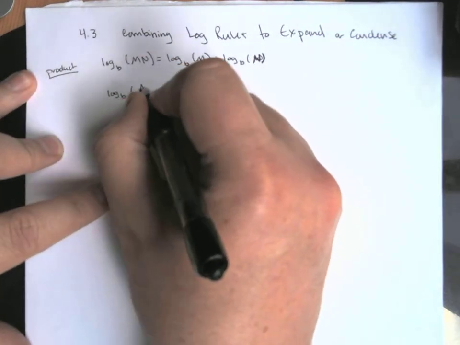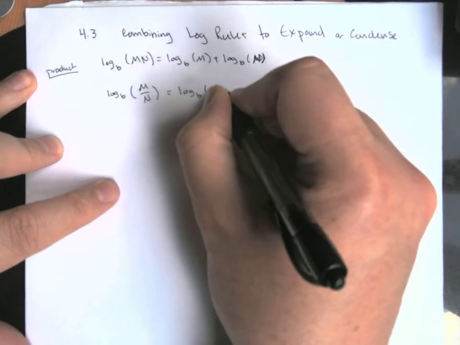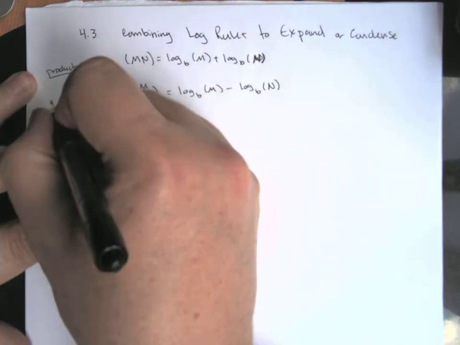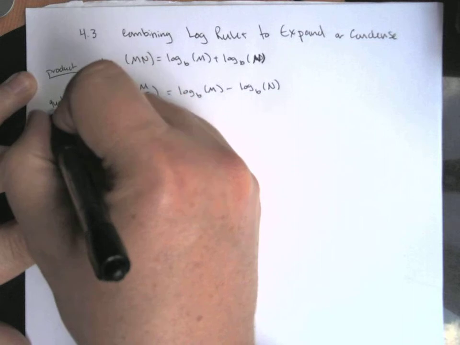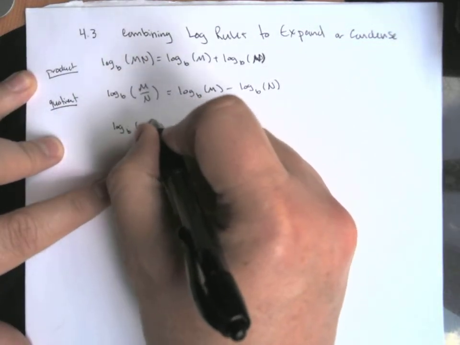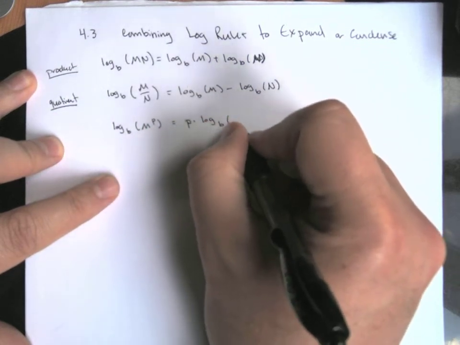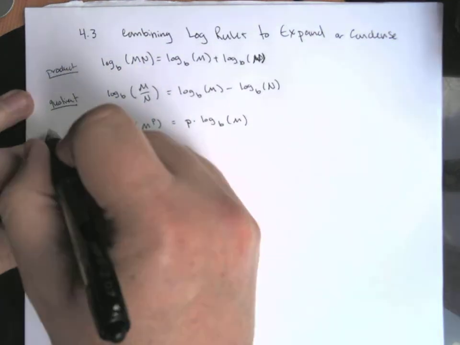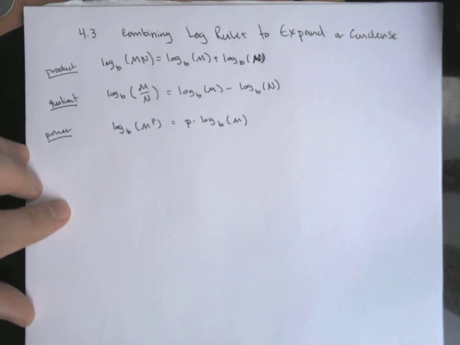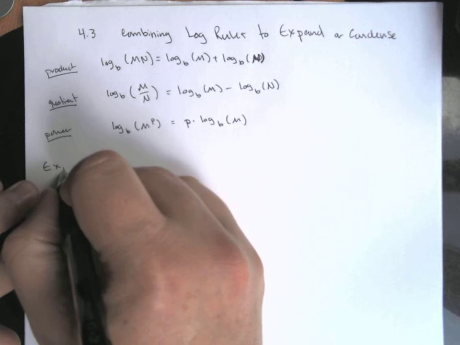Log base b of m over n became subtraction, so that's our quotient rule. And then our power rule, log base b of m raised to the p, is p times log base b of m. So those are our three rules, the ones we're going to reference. Let's do some expanding.